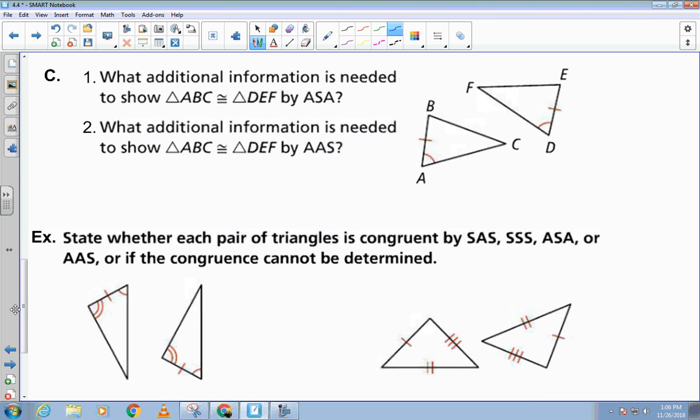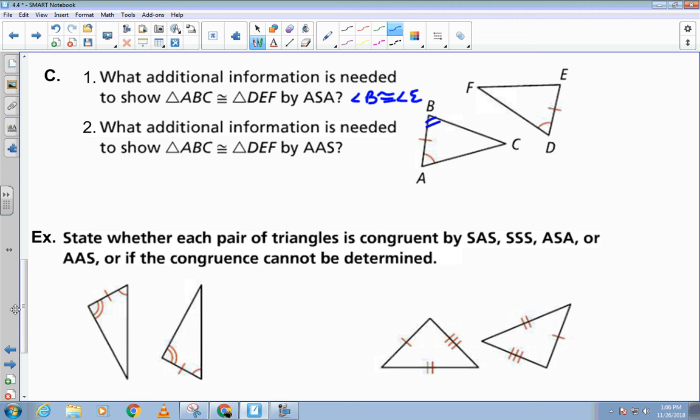What additional information is needed to prove these two triangles congruent by ASA? So, we've got a pair of angles and a pair of sides. What else do we have to prove in order for the triangles to be congruent? Okay? We would have to prove angle C congruent to angle E, right? Okay?